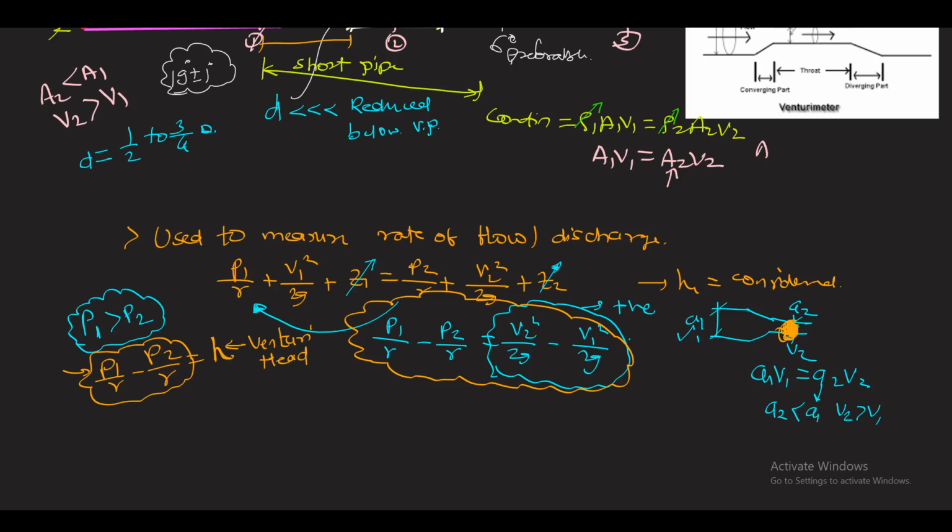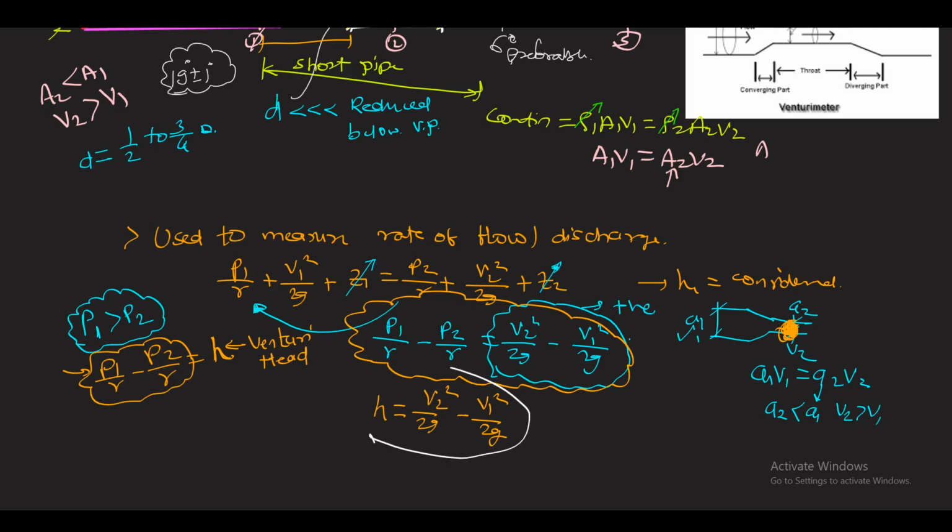This is the important point. This H is nothing but the Venturi head, and it is the pressure difference between point 1 and point 2, correct? Pressure head at point 1 minus pressure head at point 2. So I can write here, remember, Venturi head H is equals to V2 square upon twice G minus V1 square upon twice G, correct?